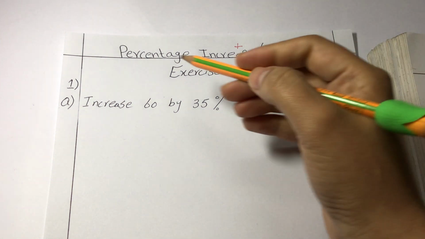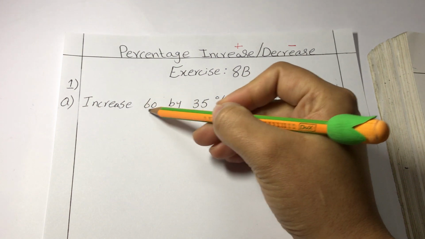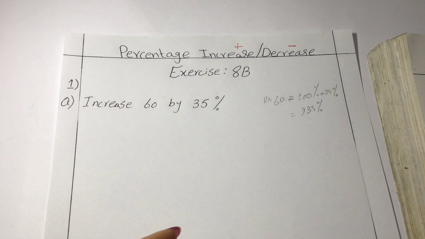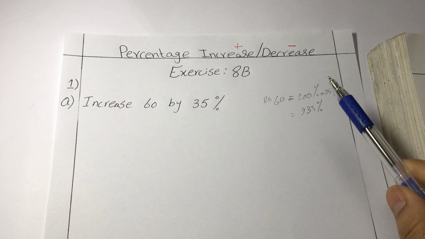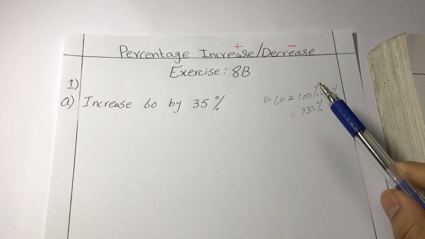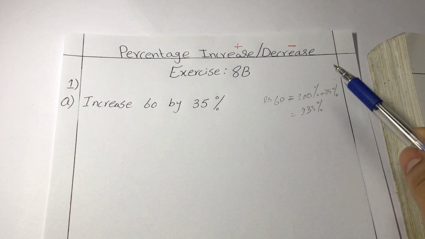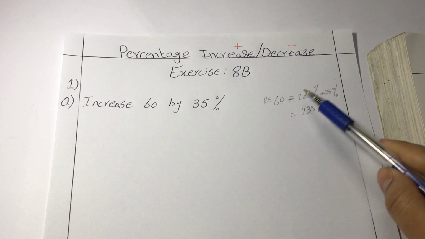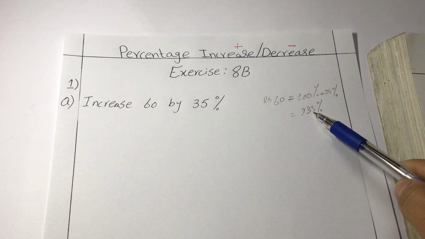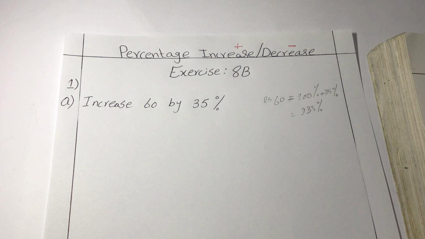Why? Because 60 is totally 100%. How much total percentage do we always have? 100, right? When you have 60 rupees as your pocket money, you have 100%. When your parent gives you an additional 35%, you will now have 100 plus 35, 135%, right?